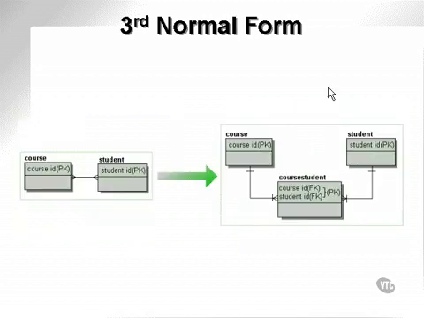Third normal form. You'll notice that this diagram is somewhat greener, as the first and second normal form diagrams were blue. These are green. The reason why I do this is because anything below second normal form I don't recommend.